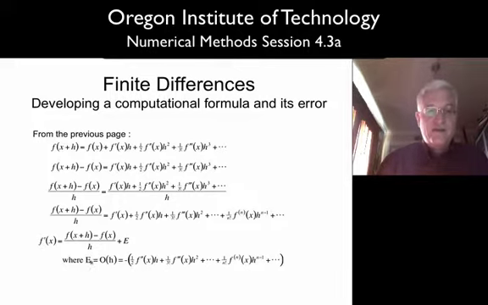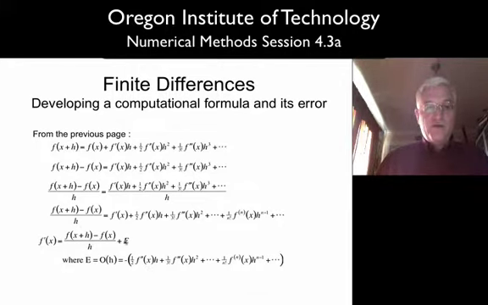So what did we get out of this? We got ourselves a computational formula to do a numerical derivative. This first fraction is the term we will use to estimate a derivative, and the beginning portion of the Taylor expansion will be what we will use to estimate the error.